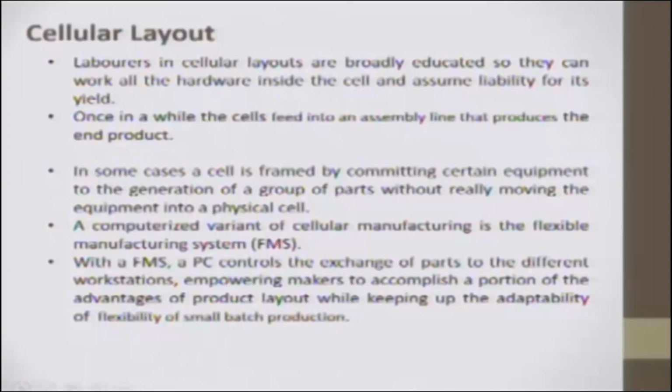In cellular layout, the laborers are broadly educated. Broadly educated means they are multi-skilled. Broadly doesn't mean less educated, but multi-skilled across sections, or I would say they are cross-trained.